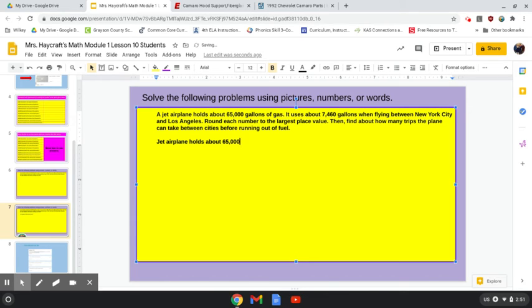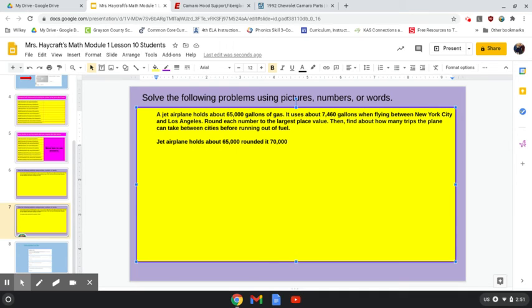Well, if I round that like it asked me to, rounded to the largest place value would be to the 10,000th place. It would be 70,000 because even if it's the 500, if it's equal to, then it rounds up one more 10,000.